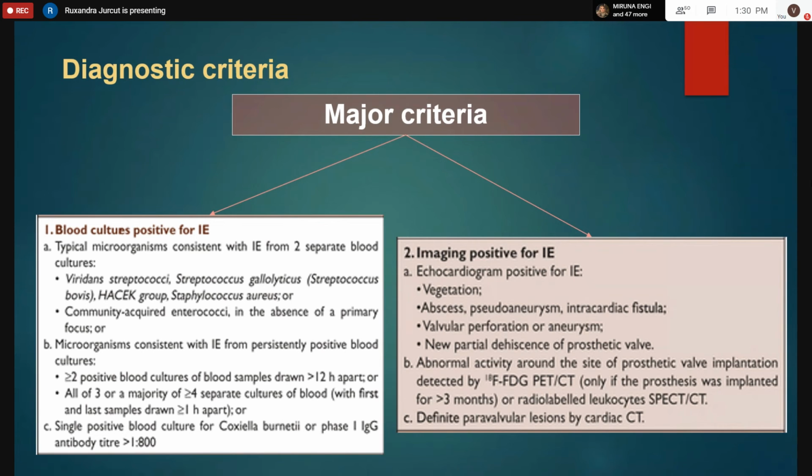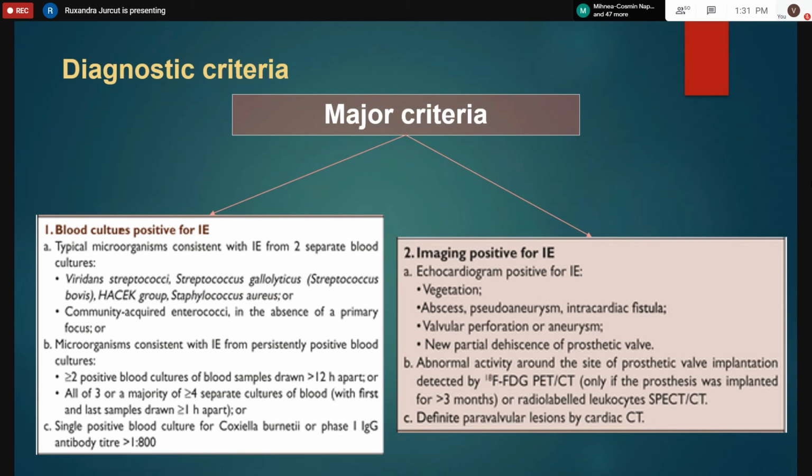And then also with imaging, we can use as a positive criterion a positive PET-CT or SPECT-CT at the site of a prosthetic valve, or cardiac CT showing a paravalvular lesion, like for example, a pseudoaneurysm or an abscess. So any of these, if you find it, is a positive, a major criterion.